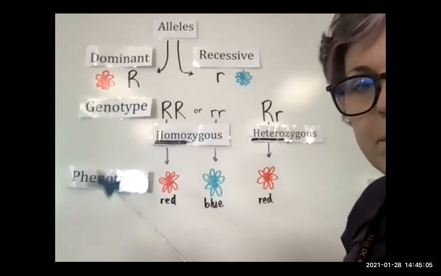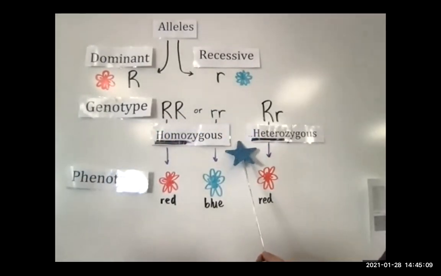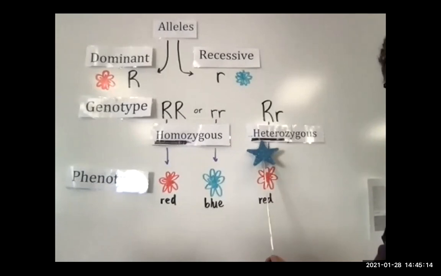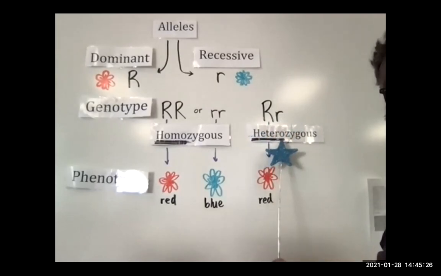The 3rd type of genotype that there is heterozygous. So hetero means different. So in the heterozygous individual, they have 1 dominant allele and 1 recessive, different alleles. Okay, they have 1 of each. Hetero means different.